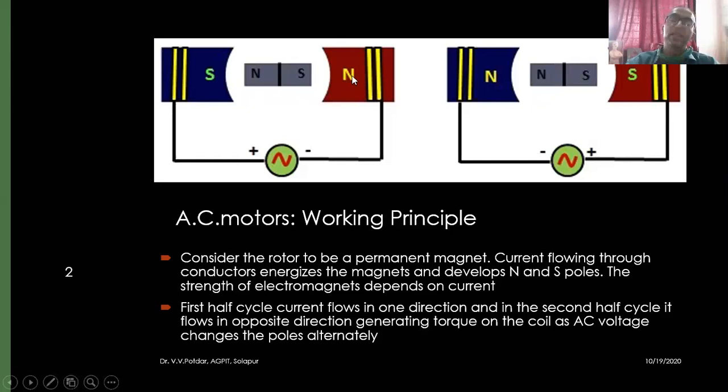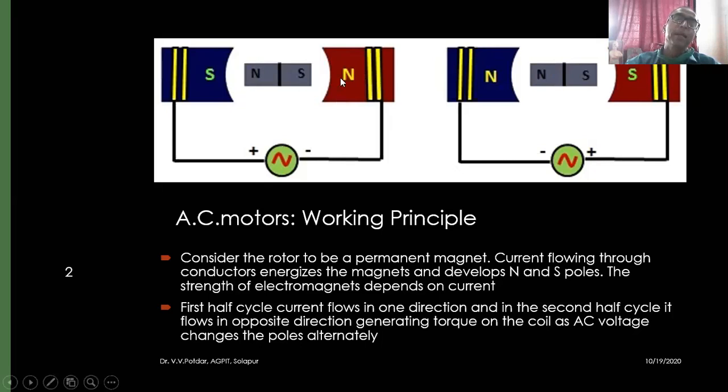Permanent magnets are made up of ferromagnetic materials. They have those inherent properties, so they don't require any external supply for showing the magnetic field. But electromagnets require electrical supply, isn't it? So this is an electromagnet, the stator, and once the supply is given, you have north and south poles generated on the stator winding.